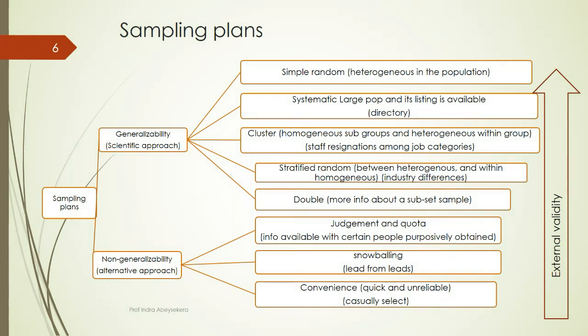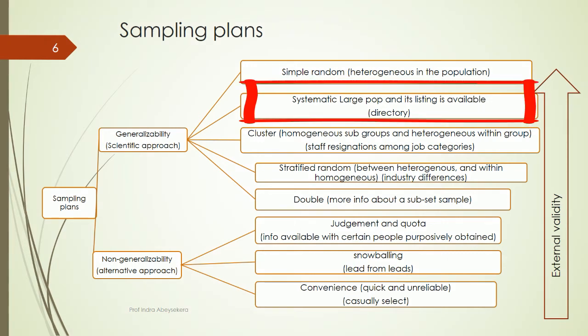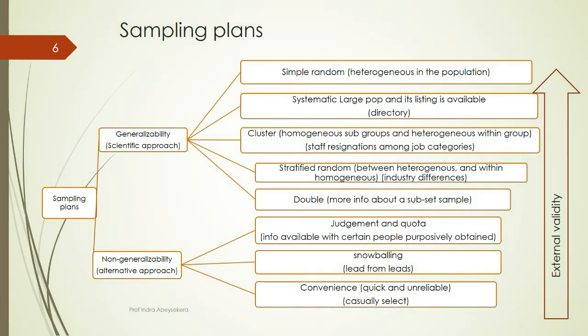If it is possible, simple random sampling will provide the elements randomly from the population, and there's an equal chance. Systematic sampling is used for large populations when the target population is available as a listing, for example, so that we can select the nth item, for example, the fifth item in that directory, so that we can randomly choose from that listing.